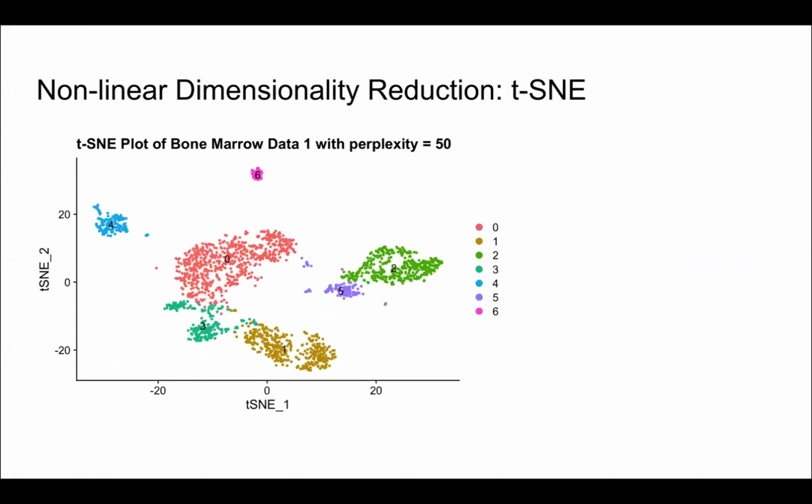And I also did t-SNE just to compare the different nonlinear dimensionality reduction results. I tried different perplexity values, and I think perplexity equal to 50 gives me a pretty good result. But comparing to the result given by UMAP, I still think UMAP gives a better visualization of different clusters.